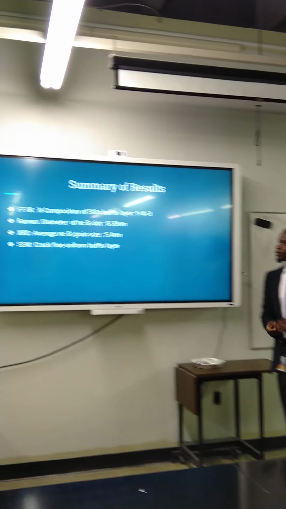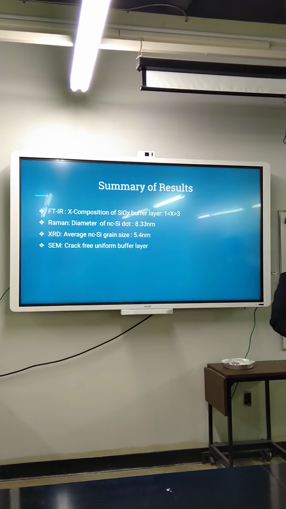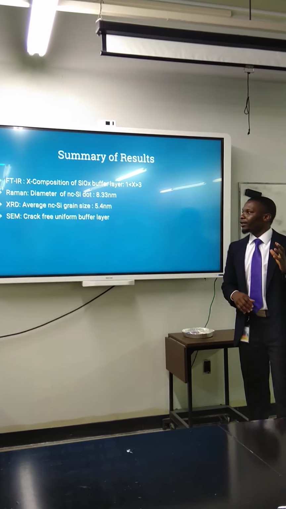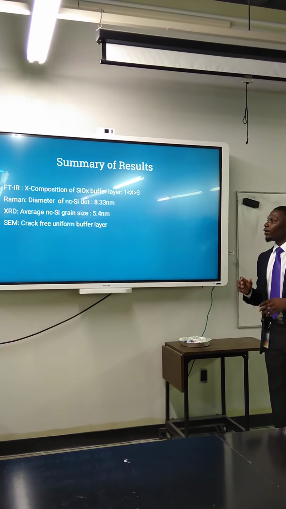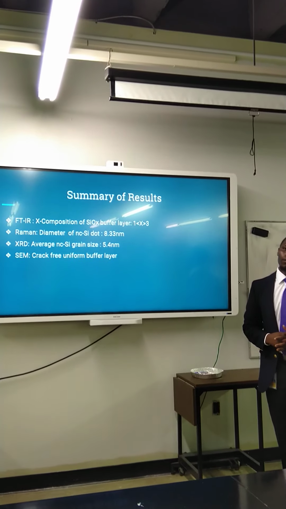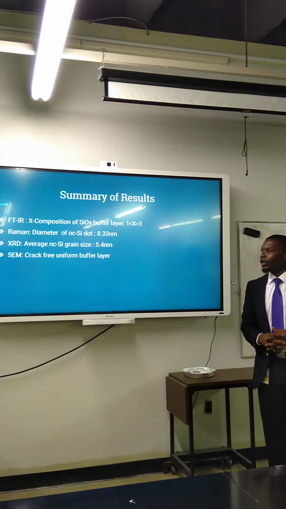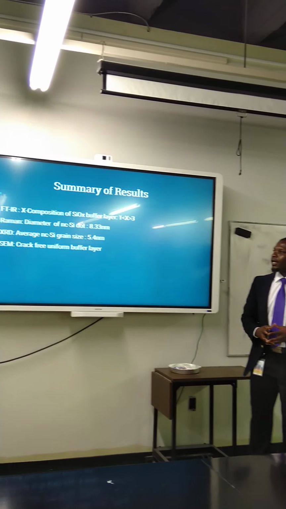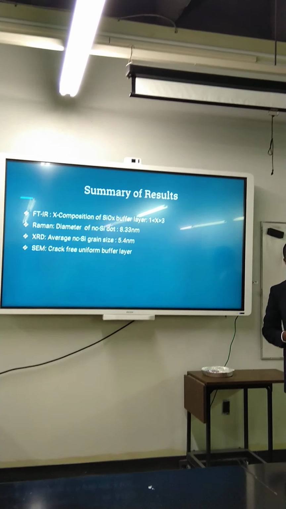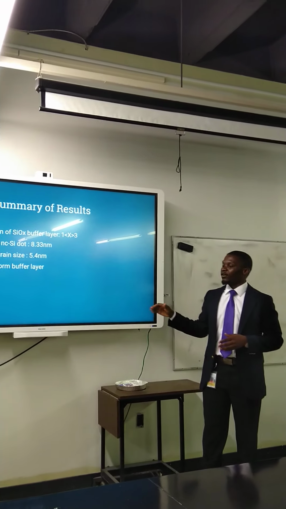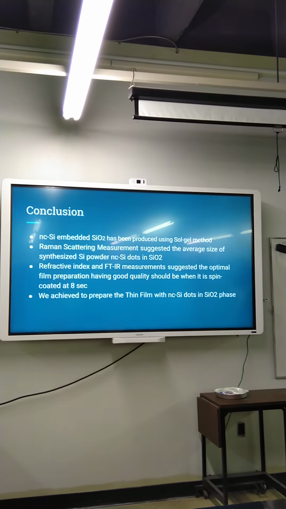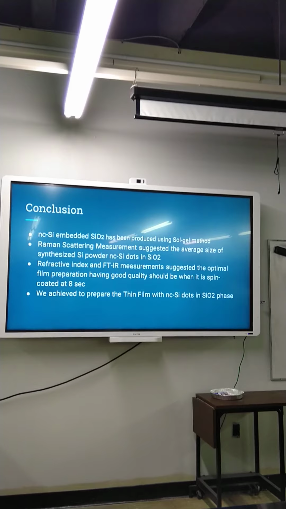The Raman scattering shows the diameter of the nanocrystal silicon dot of 8.33 nanometers, and the XRD shows the average nanocrystal silicon grain size of 5.4 nanometers. And the SEM shows that we acquired a crack-free uniform buffer layer.